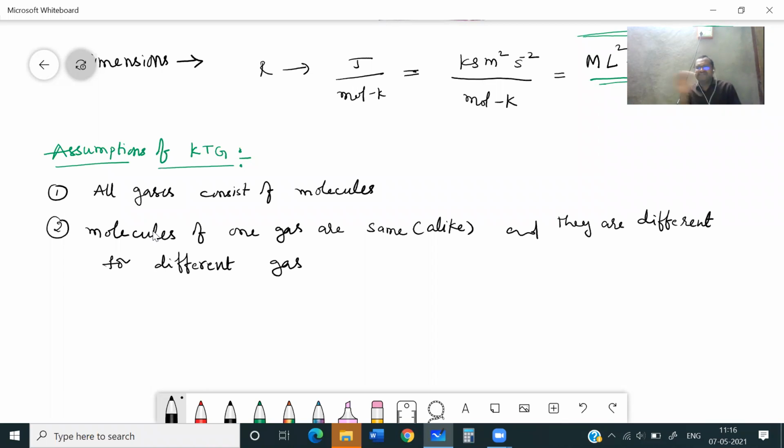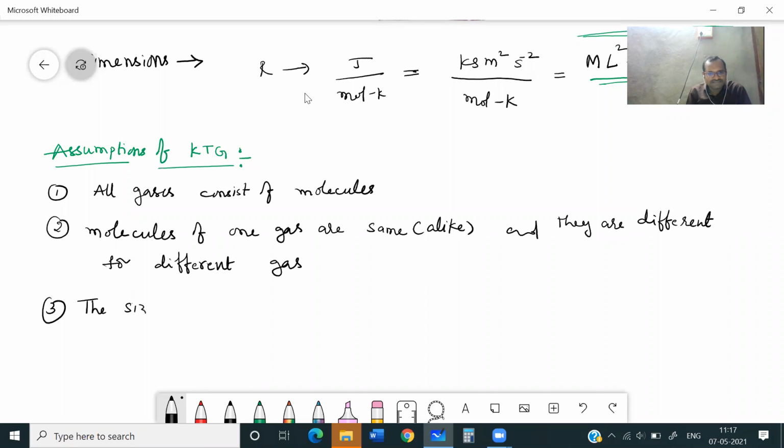If you consider different gases, the molecules of those gases will be different. But if you consider one particular gas, in that gas molecules will be of same size, same kind. Clear?